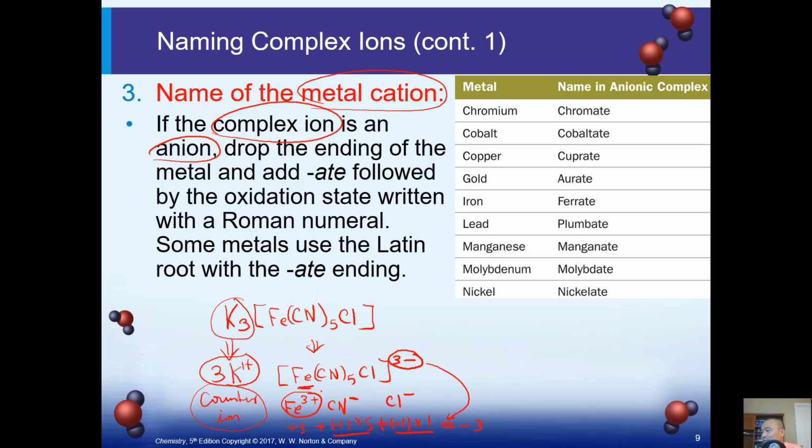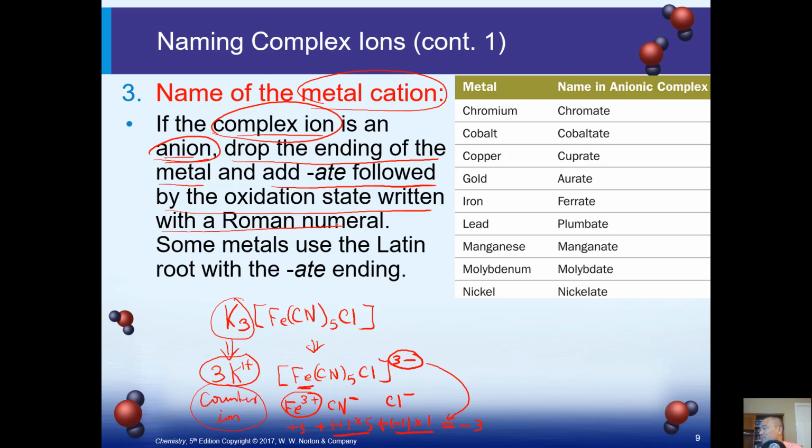But the difference is, if the complex is an anion, we need to drop the ending of the metal and add -ate followed by the oxidation state with the Roman numeral.